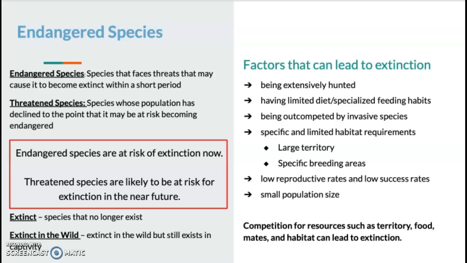So they either have a small number of offspring to begin with, or their offspring are not able to survive. And the last is a small population size. So competition for resources such as territory, food, mates, or habitat can lead to extinction.